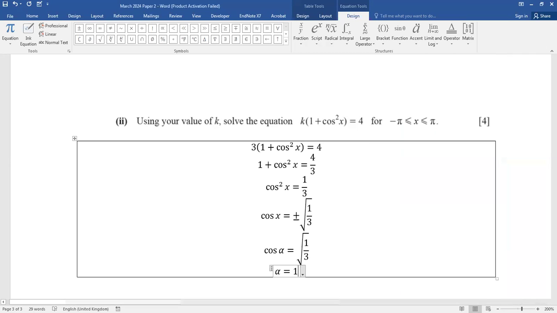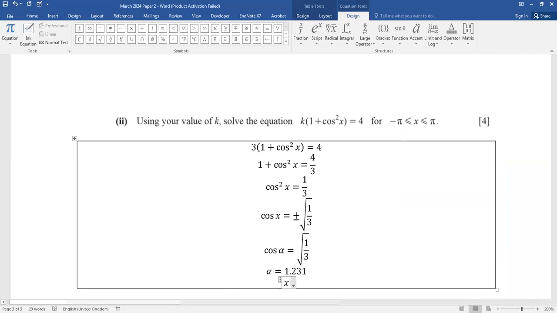Alpha is 1.231. So x will be either alpha in the first quadrant, pi minus alpha in the second quadrant, or in the fourth quadrant negative alpha, or negative pi plus alpha.